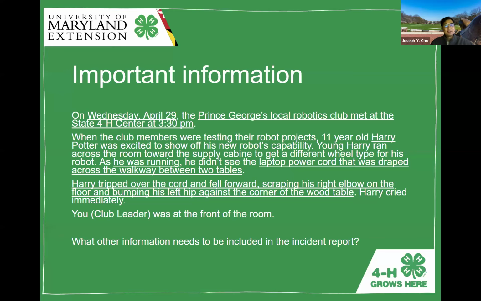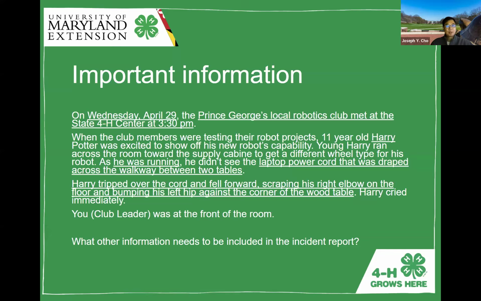And then what happened, right? You want to provide the incident, the what. Harry tripped over the cord and fell forward, and then scraped his right elbow on the floor and bumped his left hip against the corner of the wood table. You want to be, like Chris said, as specific as you can so that we have the detail and the information about the incident without us having to be there.